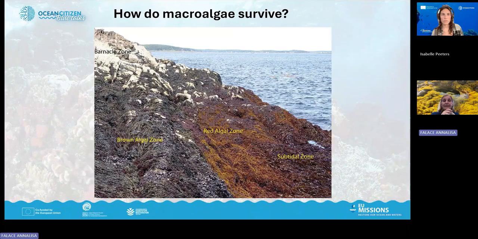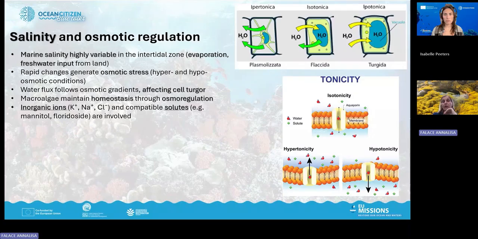This is a photo of a zonation that comes from the Atlantic. So you have the different algae that are vertically distributed from the supralittoral going to the shallow intertidal.